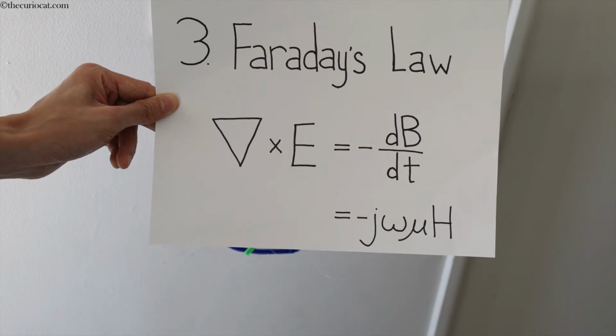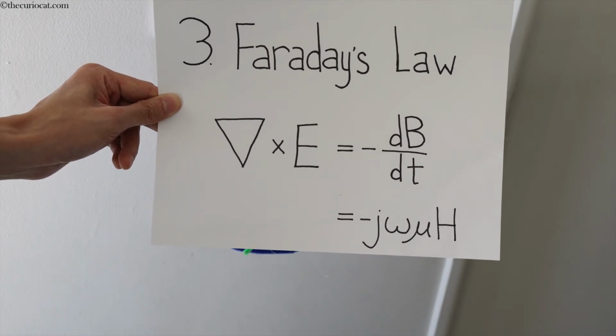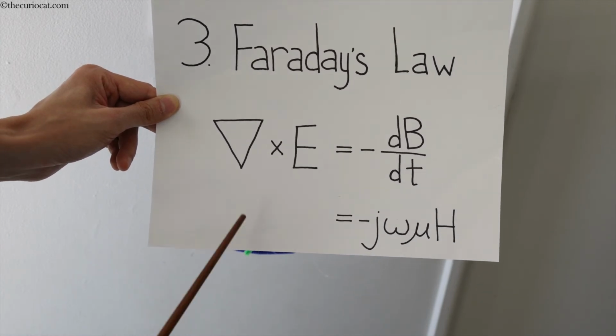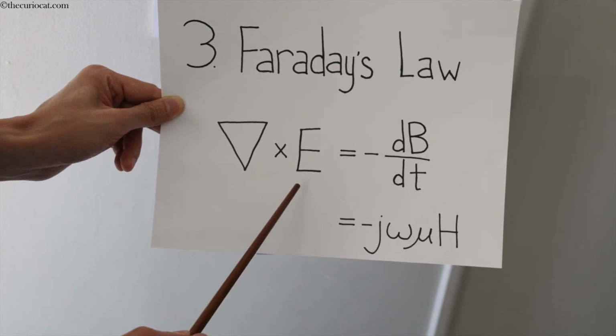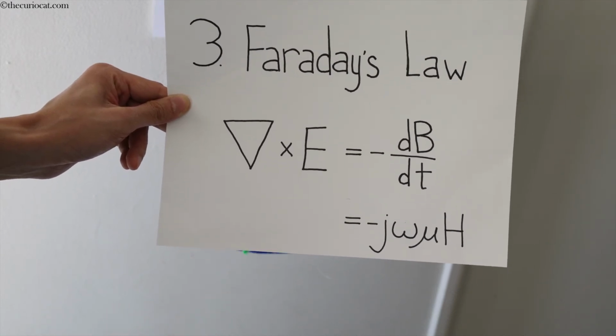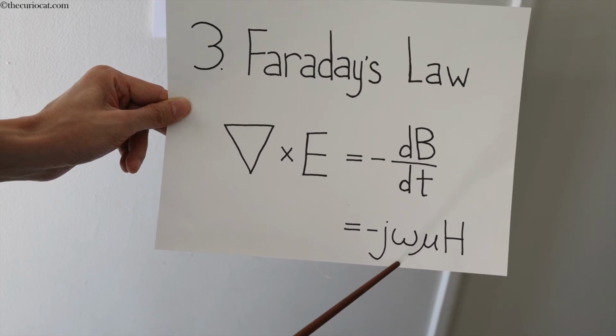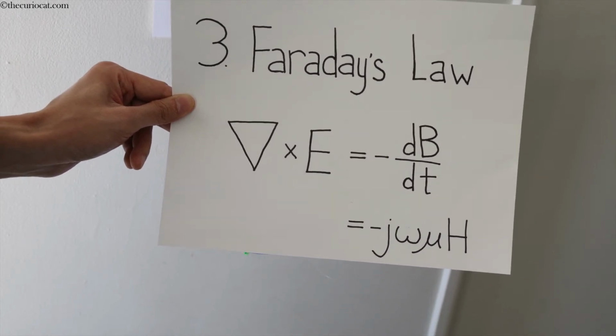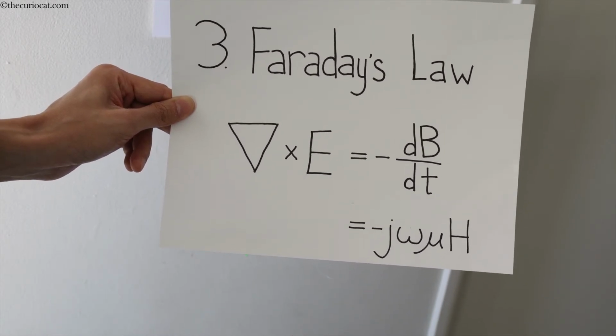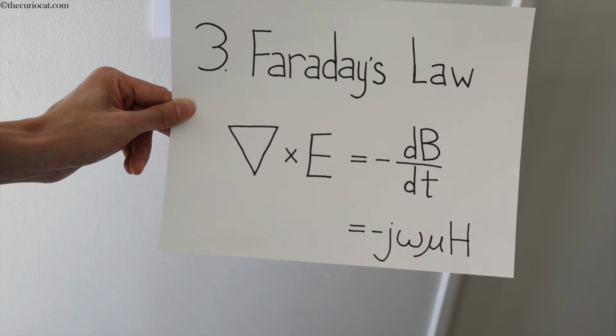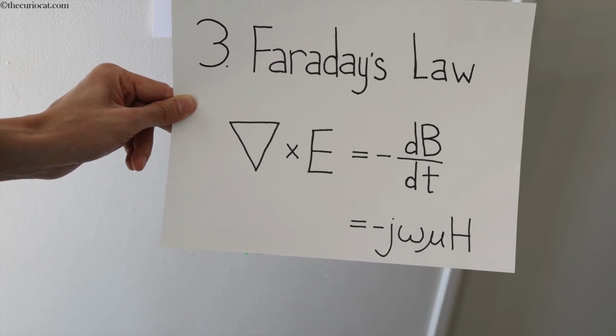Let's look again at Faraday's law. You notice that the magnitude of the curling electric field is directly proportional to the angular frequency of the electric current. This means that if we increase the frequency of the current, then the electric field will be stronger.